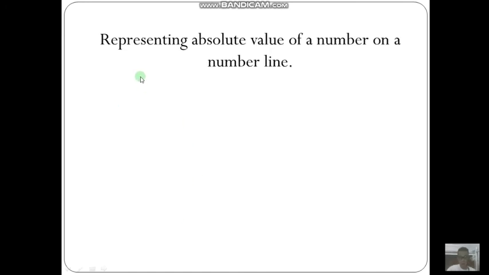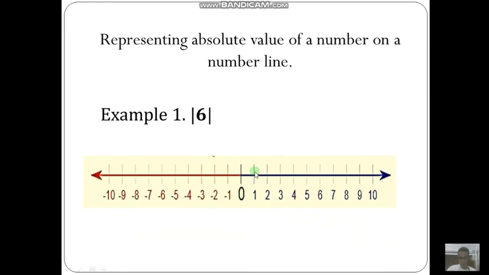Then, how are we going to represent the absolute value of a number on a number line? So this is what we are going to do. For example, absolute value of 6. Okay? So we will make use of the number line. Always start at 0.